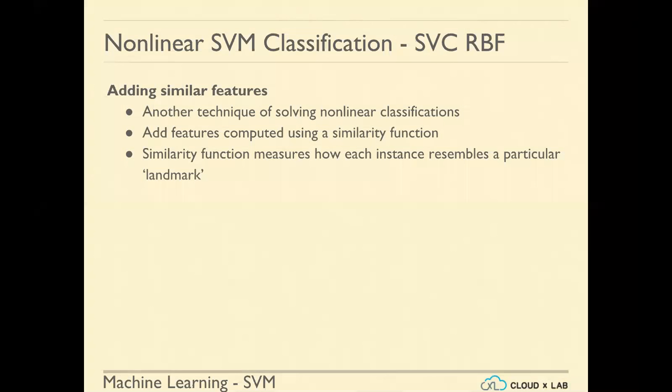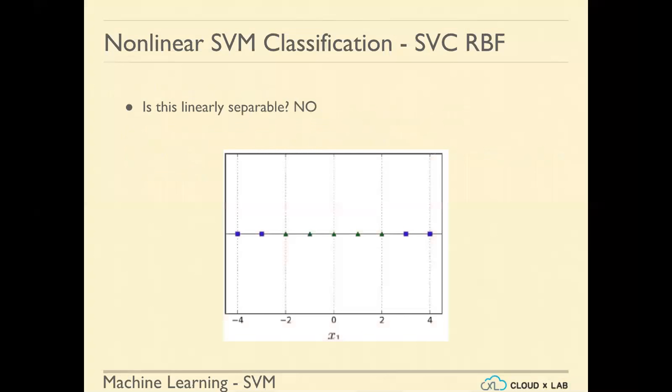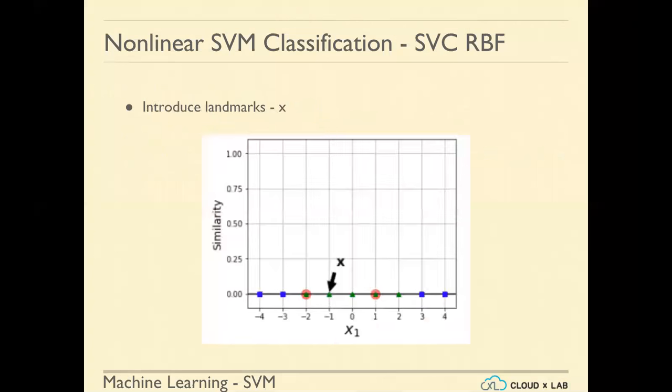The similarity function measures how each instance resembles a particular landmark. Say, for example, this one is impossible to separate using linear classification. We can't separate it with a single line.